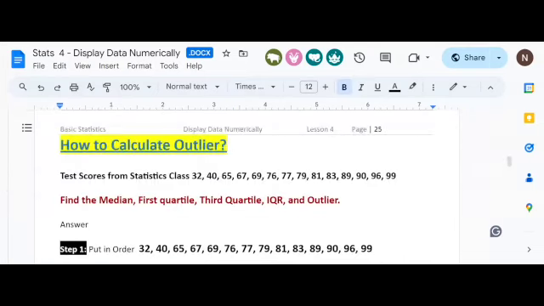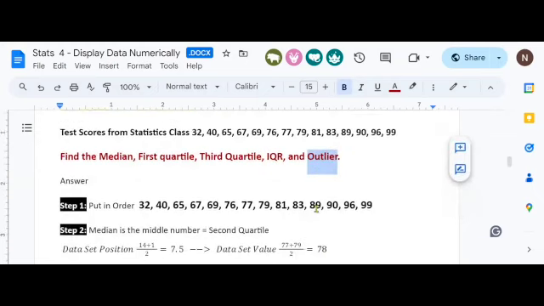So how do we calculate outliers? We have a test score here, 32 until 99. Find the median, first quartile, third quartile, interquartile range, and outliers. So step 1, what should I do?